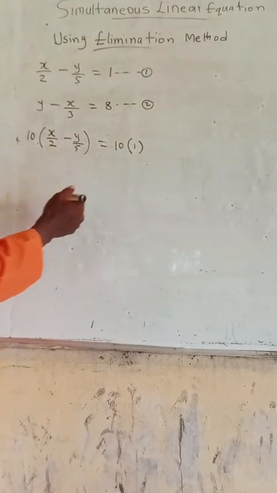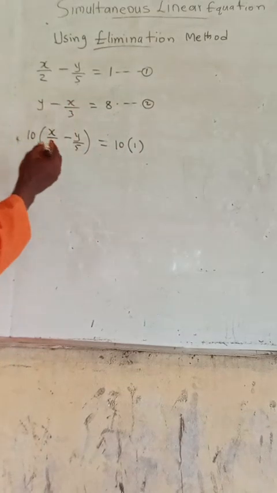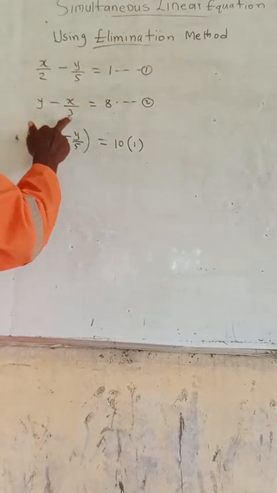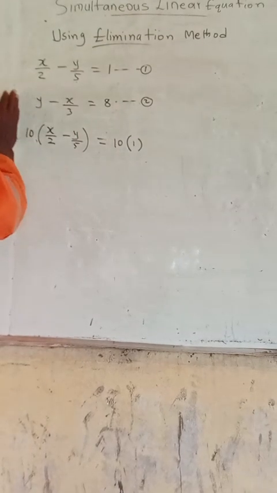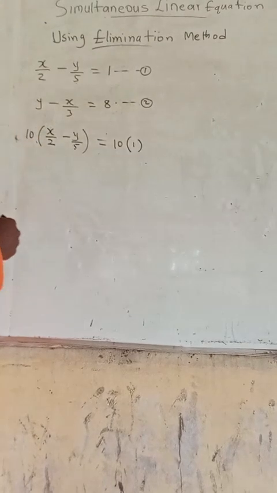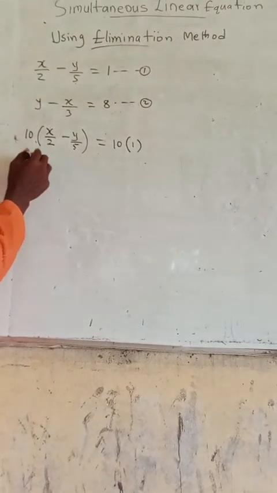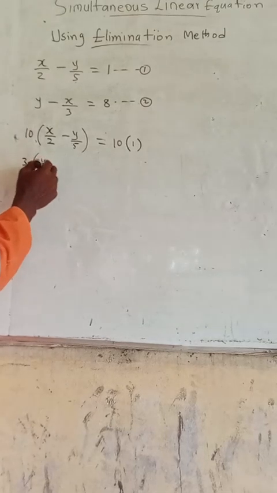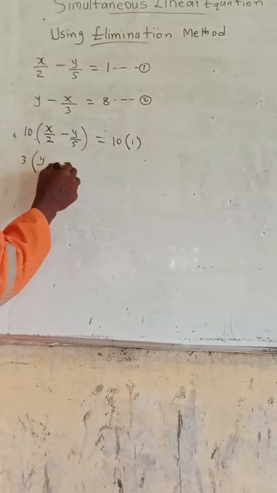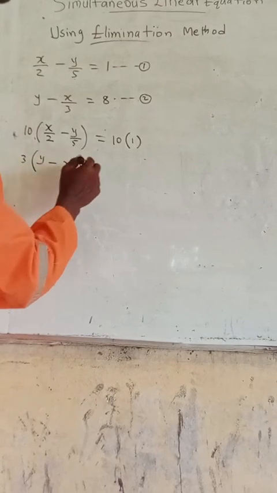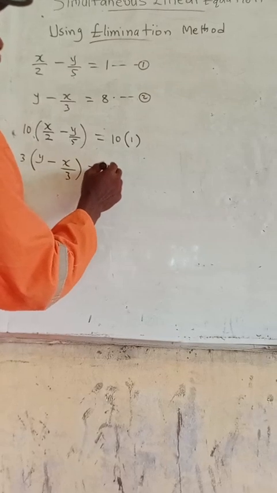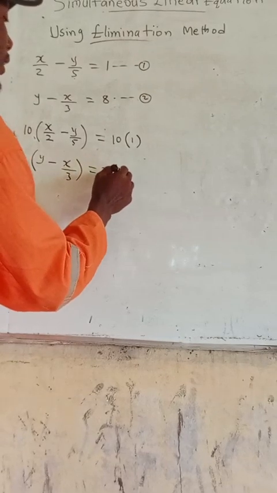Are you getting it? Then you go to equation 2. The only denominator here is 3, so 3 is the LCM. So we use 3 to multiply this side of the equation and also this side. So we say 3 multiplied by y minus x over 3 is equal to 3 multiplied by 8.